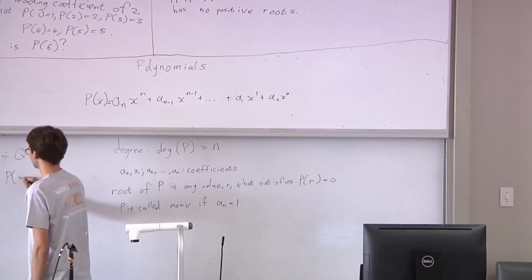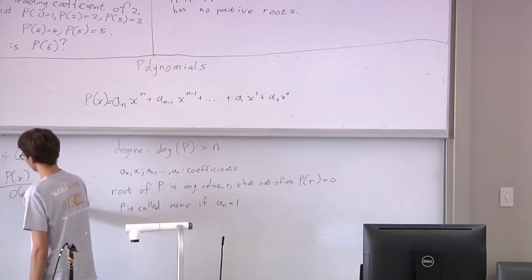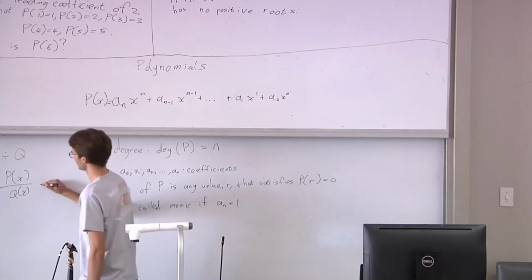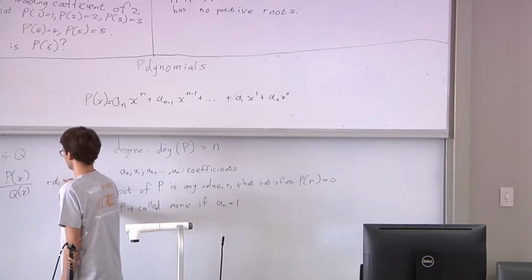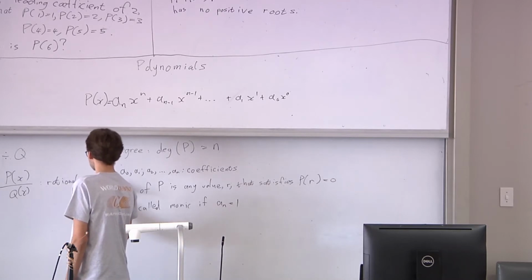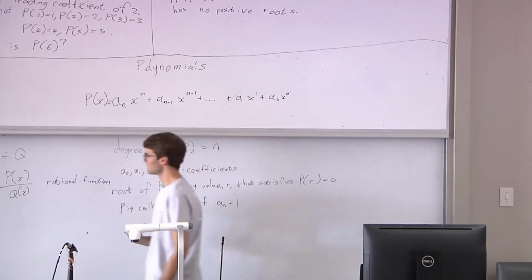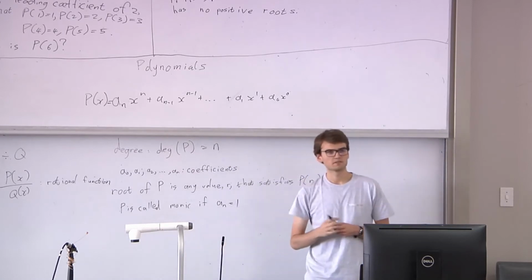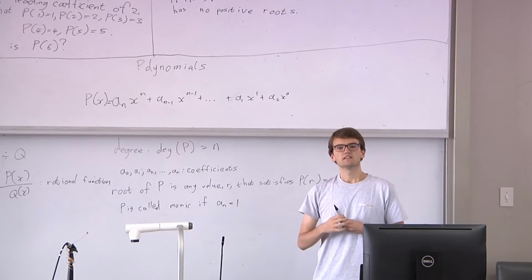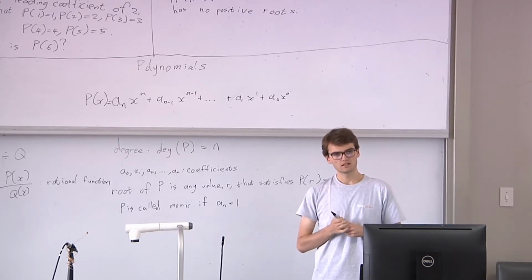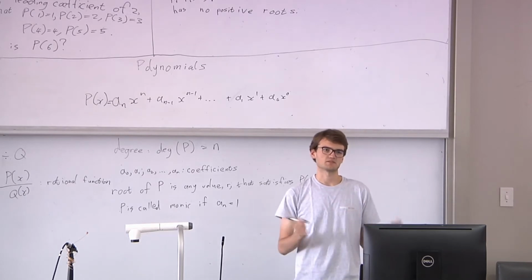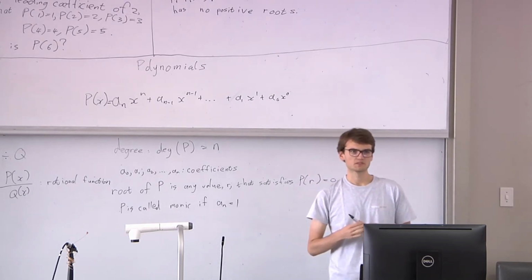Specifically, something of the form p(x) over q(x), where p and q are polynomials, is known as a rational function. So just like a rational number, yes? So let's say q divides into p, leaving a whole. Is it a polynomial? Yeah. So all polynomials are rational functions, but not all rational functions are polynomials.